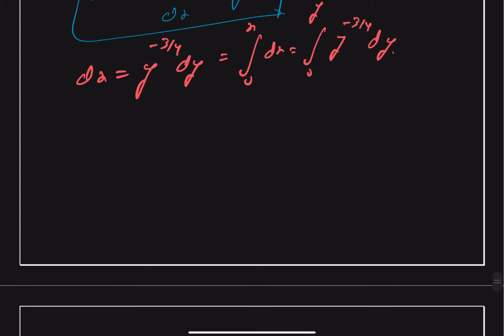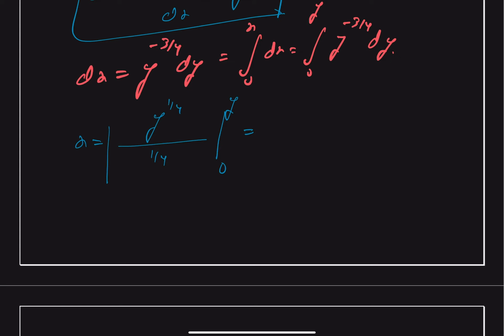So we get this as x is equal to y^(1/4) divided by 1/4, with limits going from 0 to y.